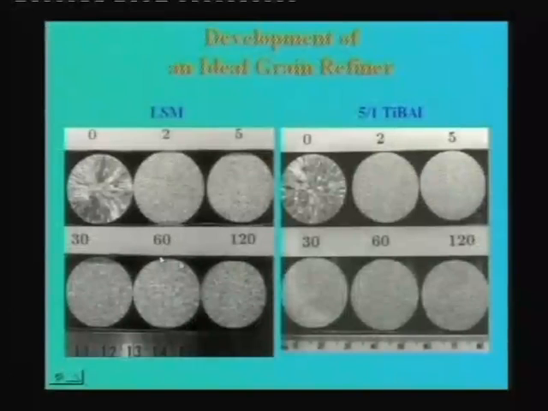So from the first mold to the last mold, the pouring might even take about 2 to 3 hours. As a result, the last liquid which you are pouring should have a sufficient number of nucleating sites present in it, whereas some of the grain refiners do not work that way. So one has to consider this aspect.